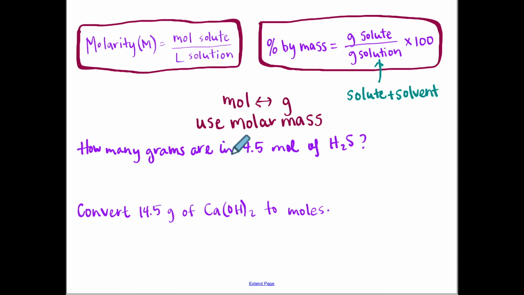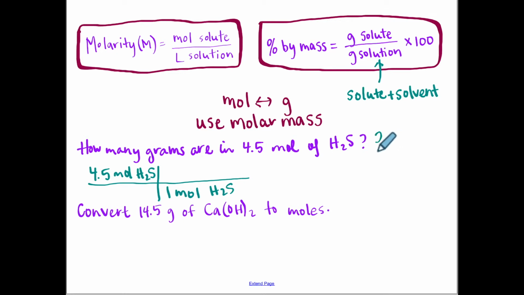You're also going to need to know how to convert from moles to grams and grams to moles. So if we had 4.5 moles hydrosulfuric acid and we wanted to convert that to grams, since moles are here, we would put 1 mole down here, and then we would add up the molar mass of hydrosulfuric acid.